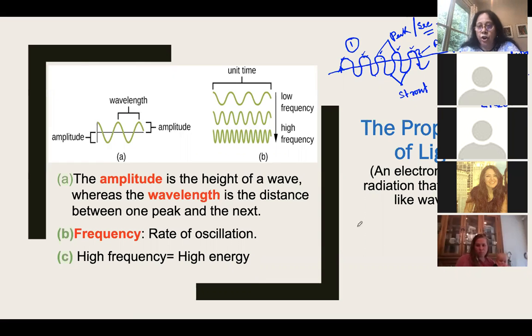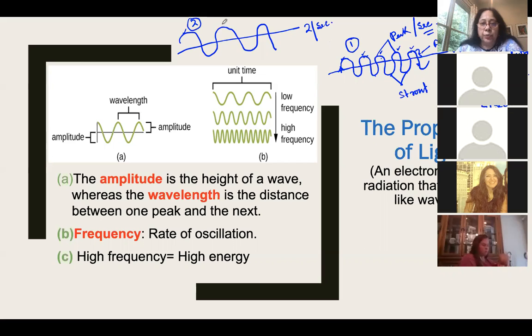Now, if I draw another picture, let's say over here, in this one, number 2, the second picture, how many waves are there? Just 2. So what's the frequency over here? It's 2 per second.